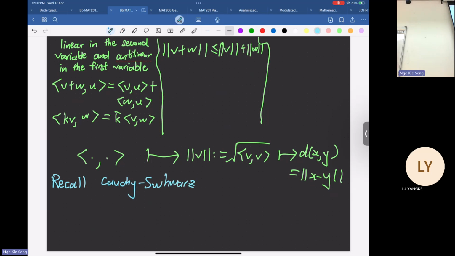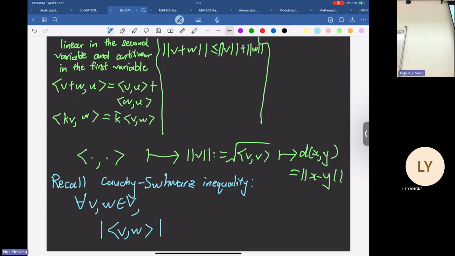What does this Cauchy-Schwarz inequality say? Still remember, for any v, w in V, we use this angle bracket for the inner product.